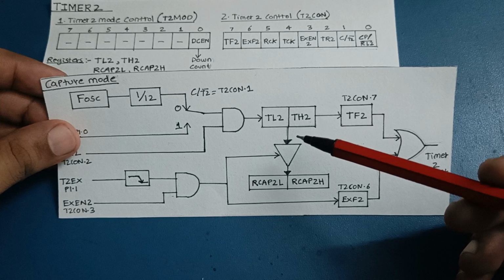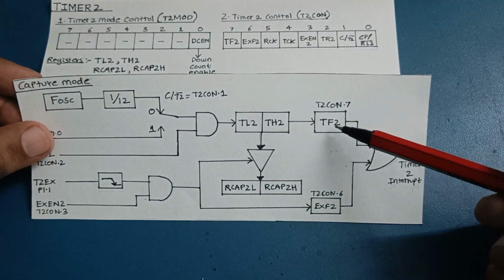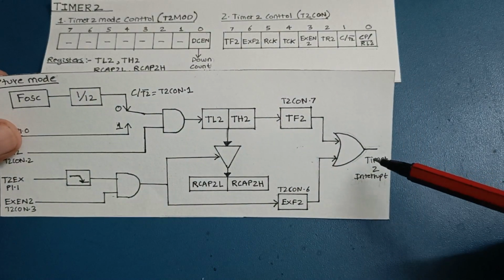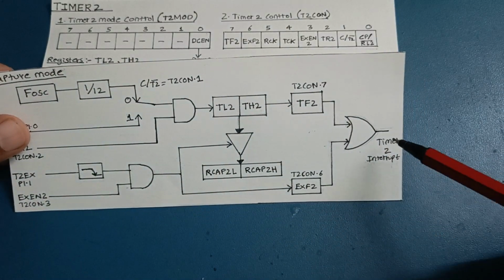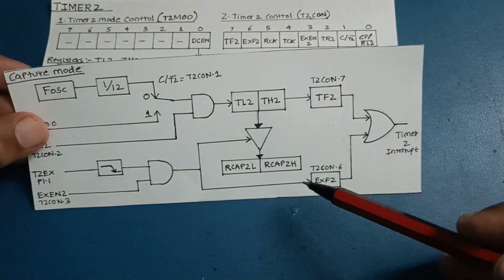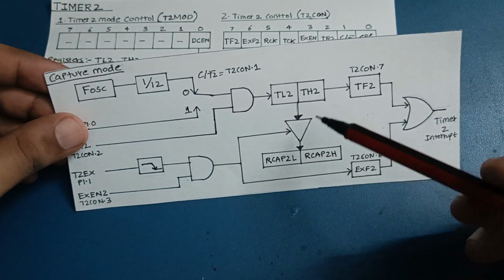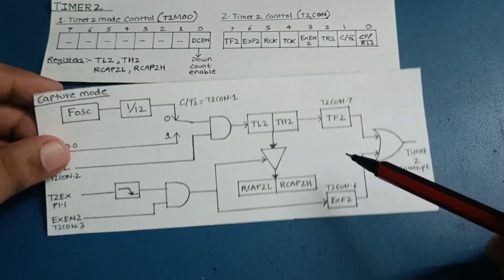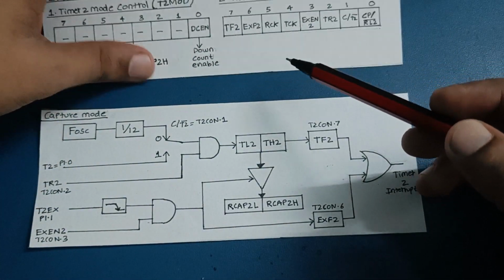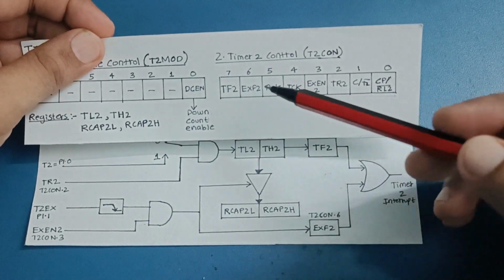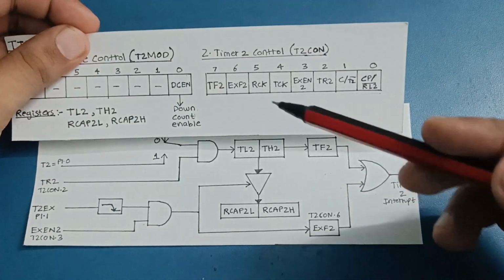When these registers overflow, it sets the TF2 flag, which causes the Timer 2 interrupt. The Timer 2 interrupt is also triggered when the EXF2 flag is set on capture. This flag is in the T2CON register. So these two flags determine whether the Timer 2 interrupt will be called or not.